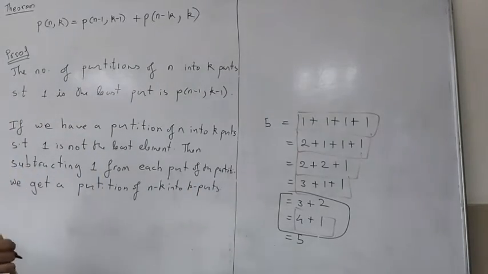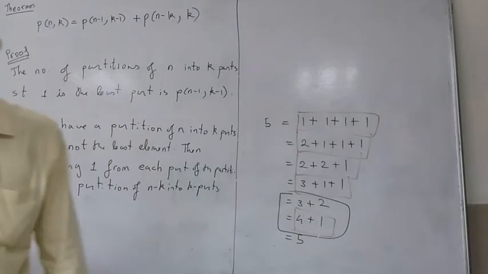Okay, we subtract 1 from each part, we get a partition of n minus k into k parts.